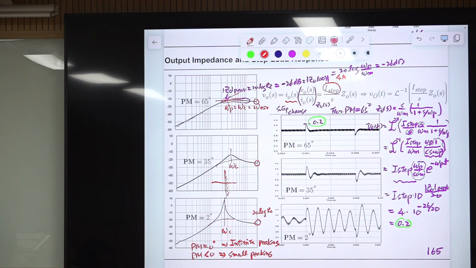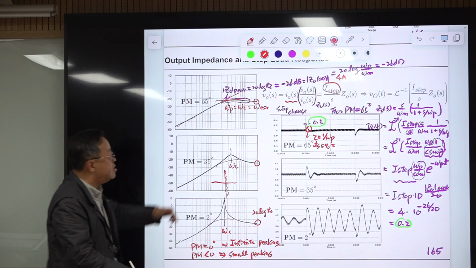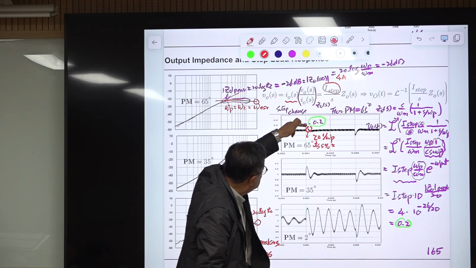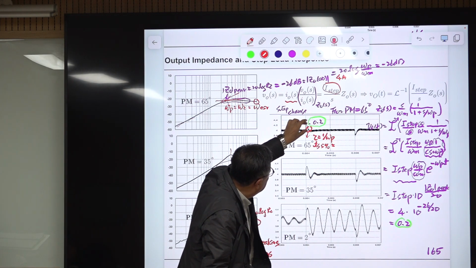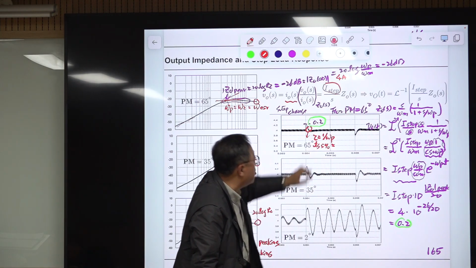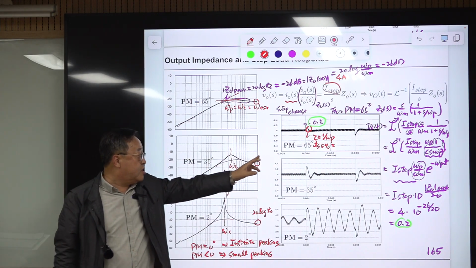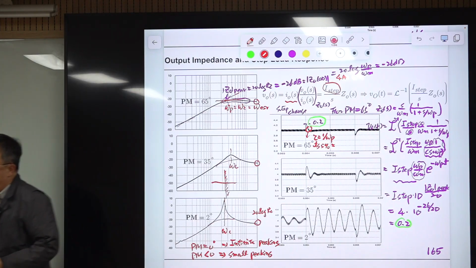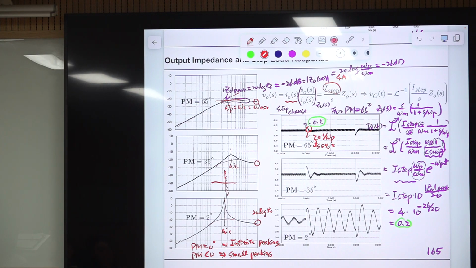So the time constant during this period is 1 over omega p. TS 5% is the 5% settling time. The 5% settling time is when this peak value is reduced to 5% of this one, and the remaining boundary is the 5% boundary. The settling time TS is 3 times the time constant.